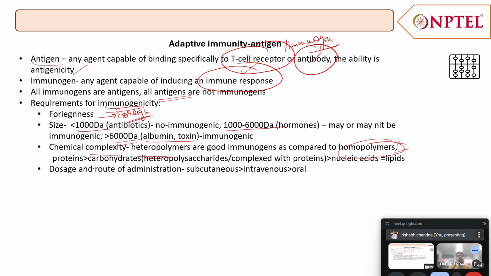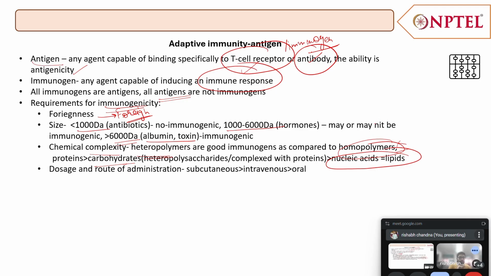Then carbohydrates, specifically heteropolysaccharides or those complexed with proteins, for example glycoproteins or glycolipids, are second. Nucleic acids and lipids are least immunogenic, although certain lipids and nucleic acids are recognized by the TLRs.